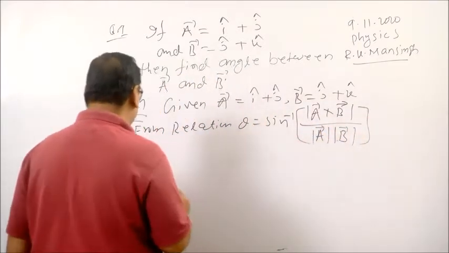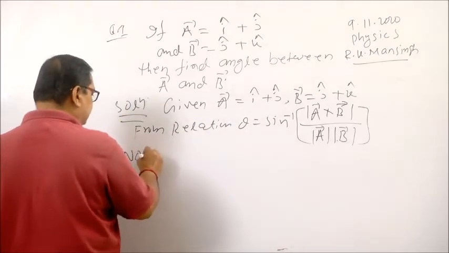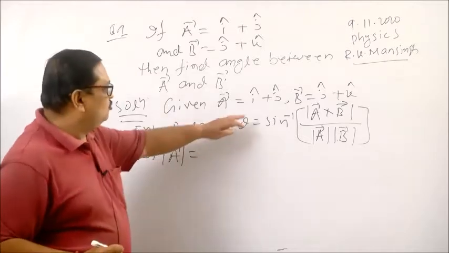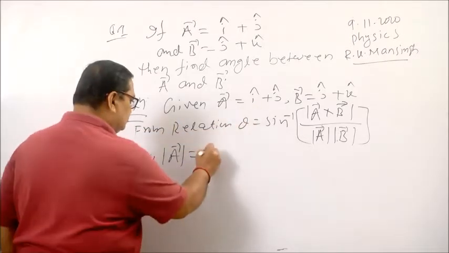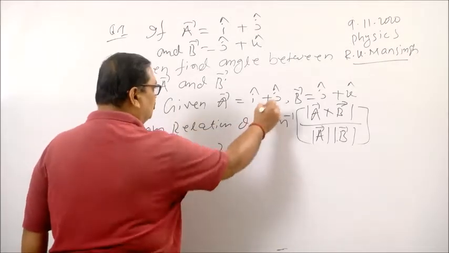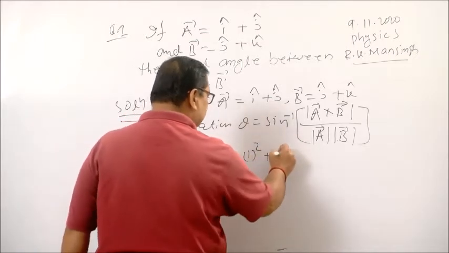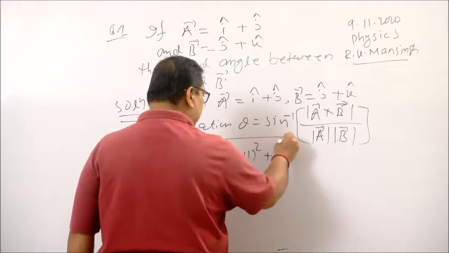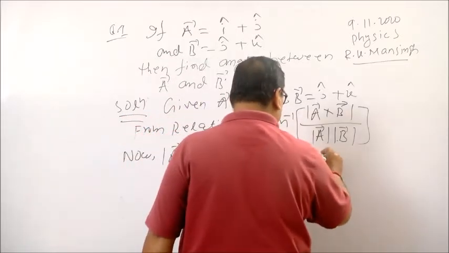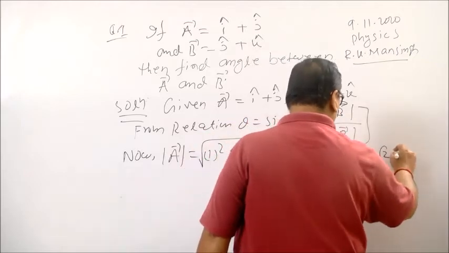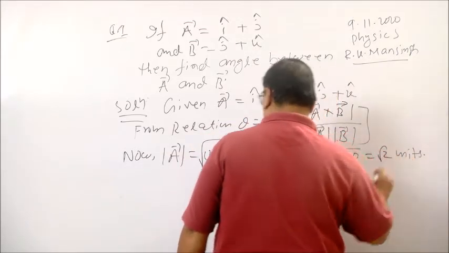Now find modulus A. The coefficient of i cap is 1, so 1 square, the coefficient of j cap is also 1 square, plus the coefficient of k cap is 0, 0 square, then take the root. So this is 1 plus 1 plus 0, equal to root 2 units.